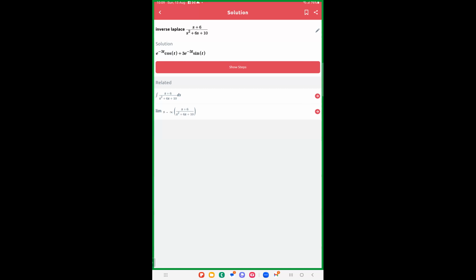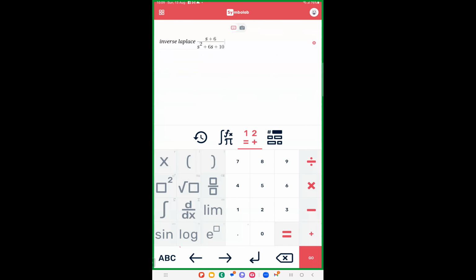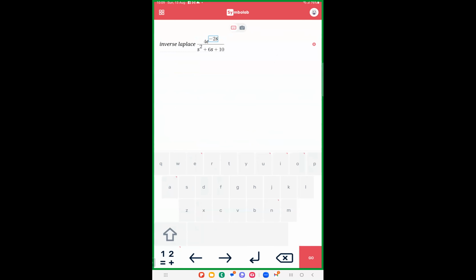Just one sec. Just note that, because I'm getting back to that. I'm just using the application to check this. And then you do the other inverse Laplace transform, of the numerator. So it's 4 e to the minus 2s.